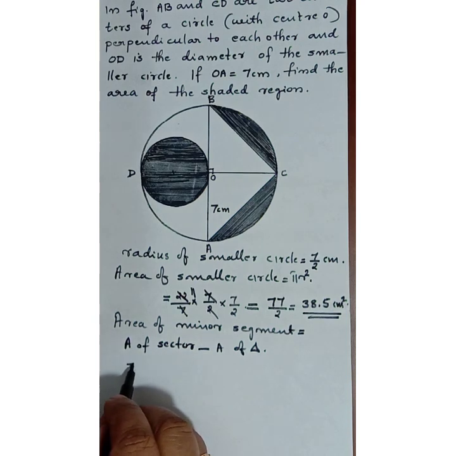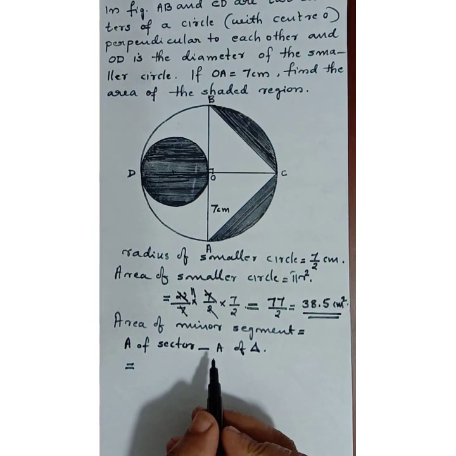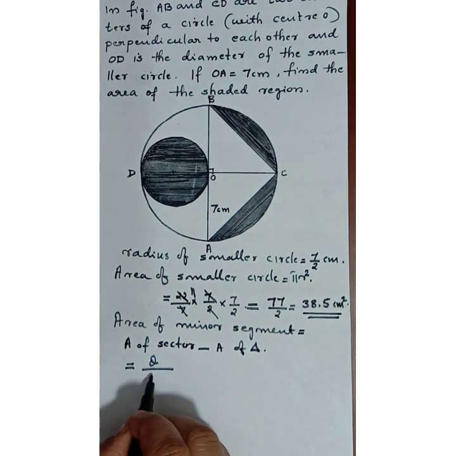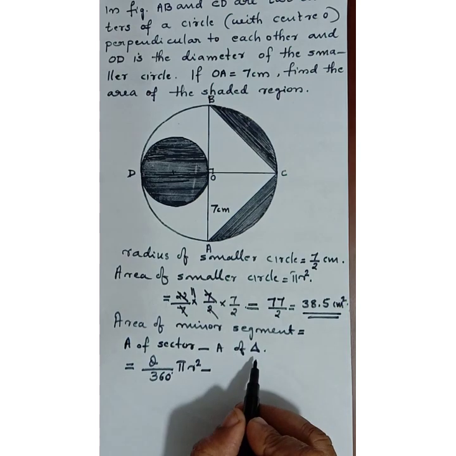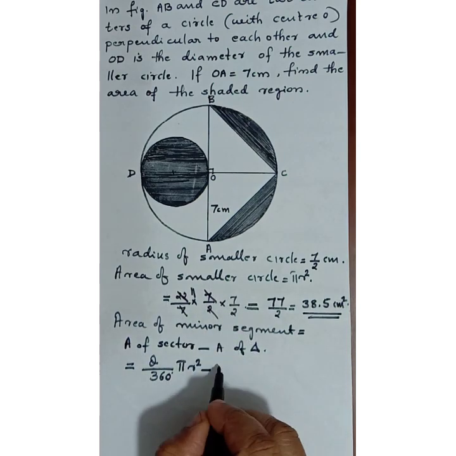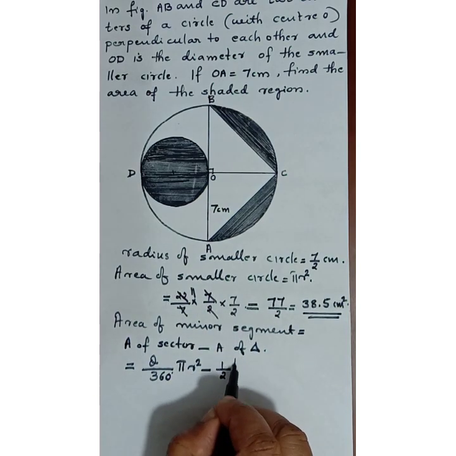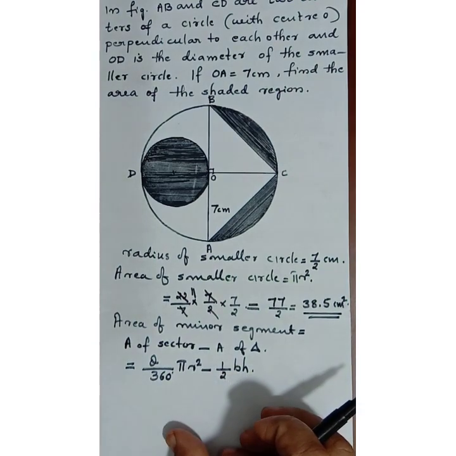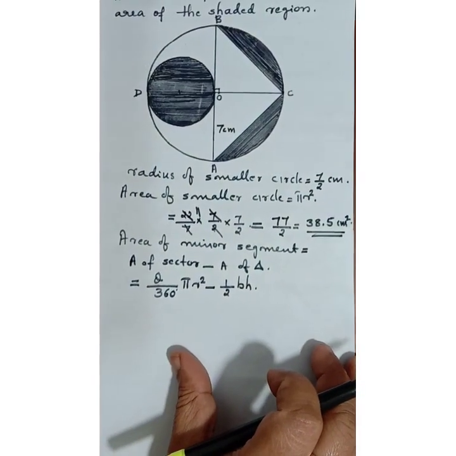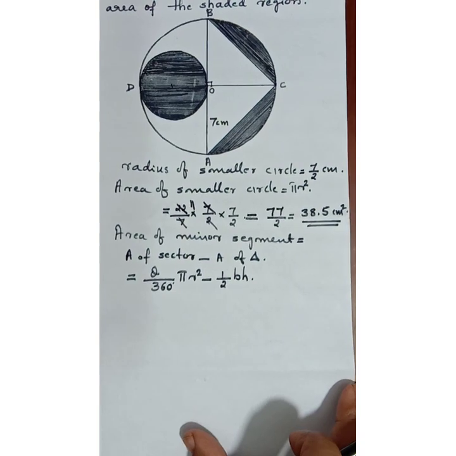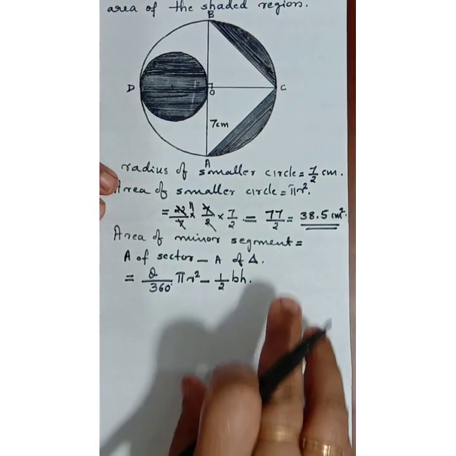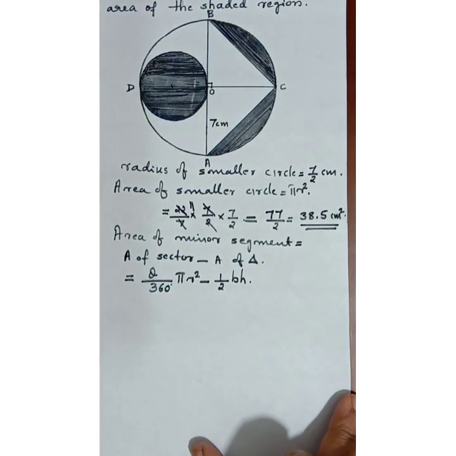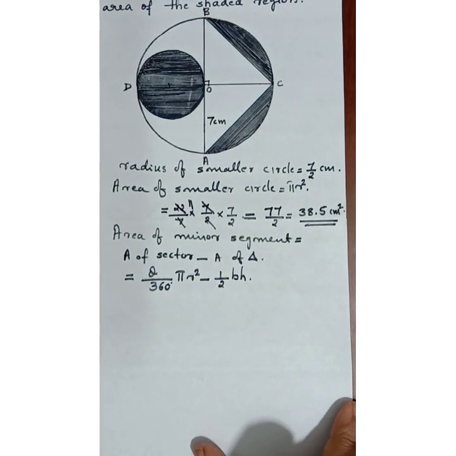The area of the sector formula is theta by 360 into pi r square, minus the area of the triangle. As I told you, it's a right triangle, so the half base into height formula. We have to substitute now. What is r equal to? Very simple, because we have almost completed our lesson. Only a few more questions are remaining. You'll know the formula and how to substitute.